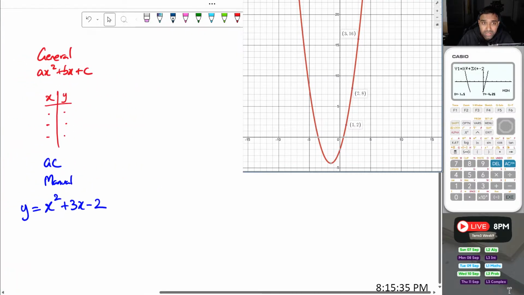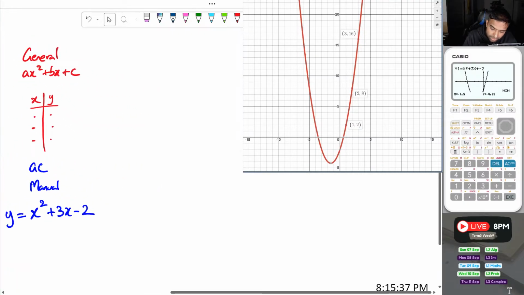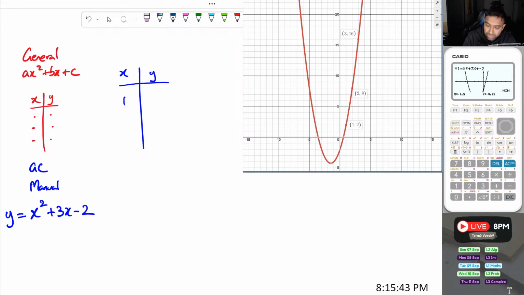Sorry, I'm just setting up everything here. First, you have to get the table. I put down 1, 2, 3, and then my points are 2, 8, and 16. I look at how much these are increasing by.